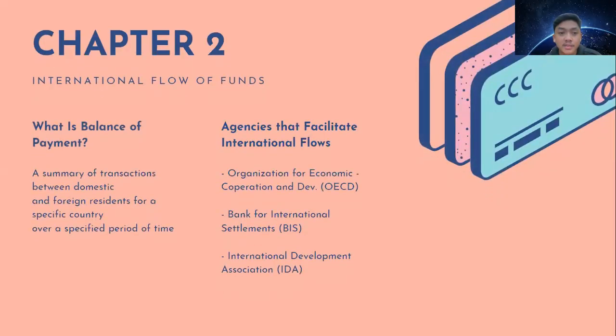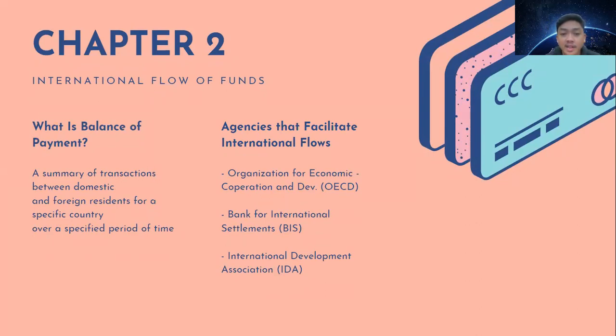And we move to chapter 2, international flow of funds. We will talk about what is balance of payment. Balance of payment is a summary of transaction between domestic and foreign residents for a specific country over a specified period of time.